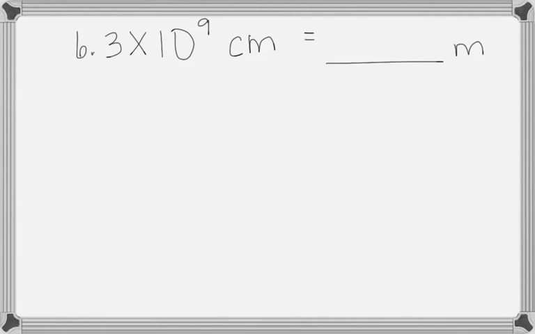Do y'all know how to go? This is actually a really big room. How do you go from centimeters to meters? How do you know to move the decimal 2 places? Let me go back. We're going from centimeter to meter.